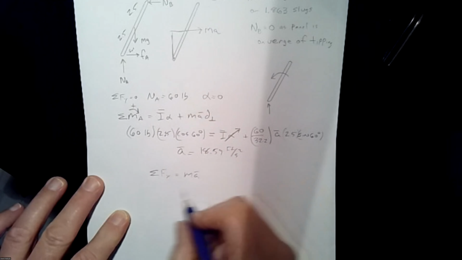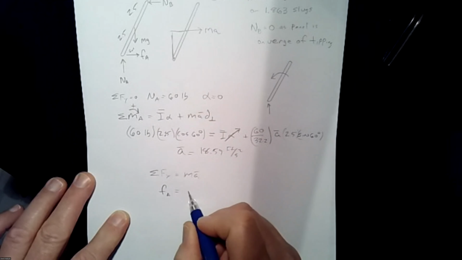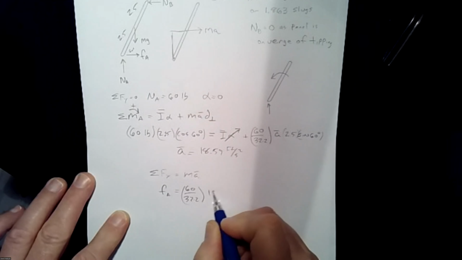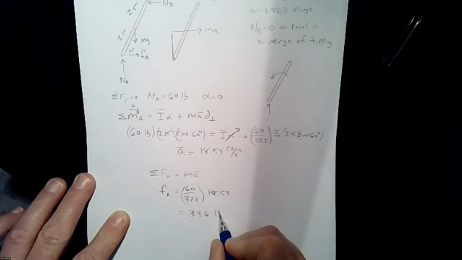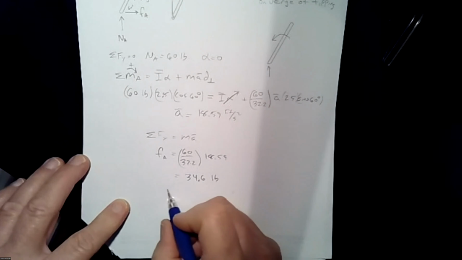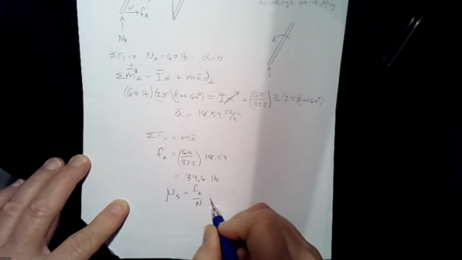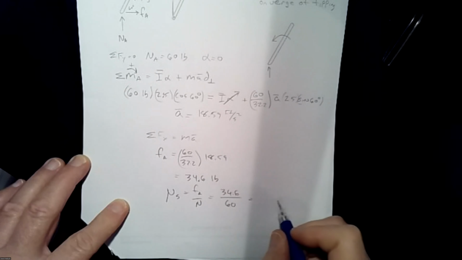The only force is the friction force, so friction force at A equals 60 over 32.2 times our acceleration 18.59. That gives me about 34.6 pounds. My friction coefficient is the ratio of FA to the normal force, 34.6 over 60, which is about 0.58.